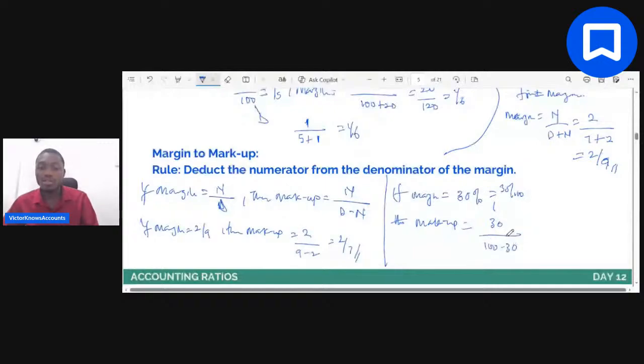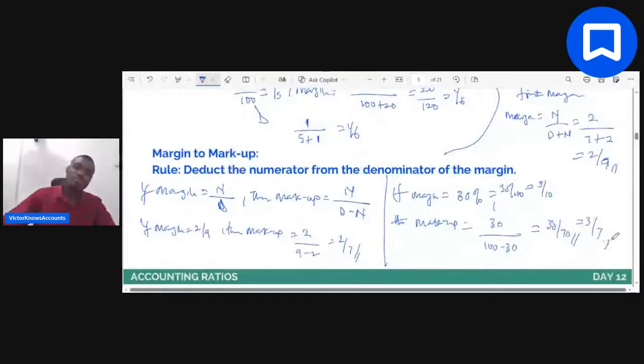So 30 over 100 minus 30 gives us 30 over 70, which equals 3 over 7. And if you do 3 over 10, you still do 3 over 10 minus 3 and you still have 3 over 7. Do you understand that? It's actually that simple.